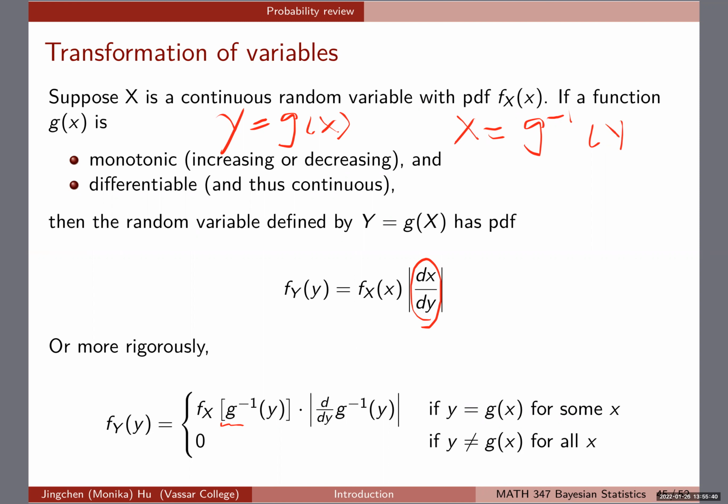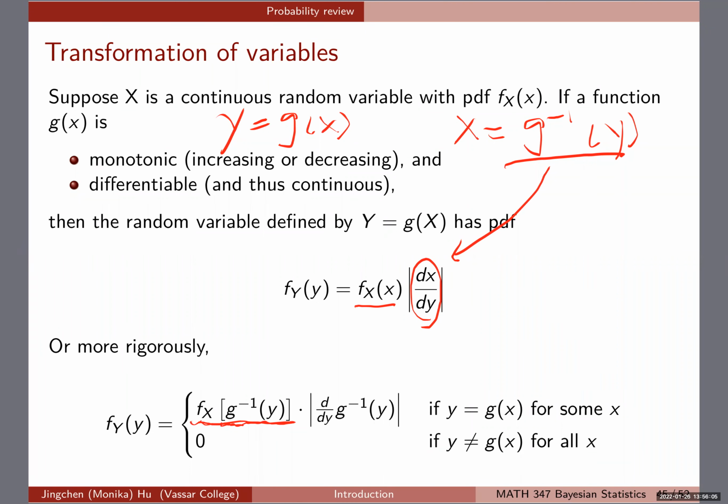If y equals g(x), then x is g inverse of y. Once you get the inverse function, you're able to take dx over dy, the first order derivative, and that will give you your absolute value of that expression. Then you multiply that with the marginal of X, and notice here, the marginal of X will be expressed in terms of y.